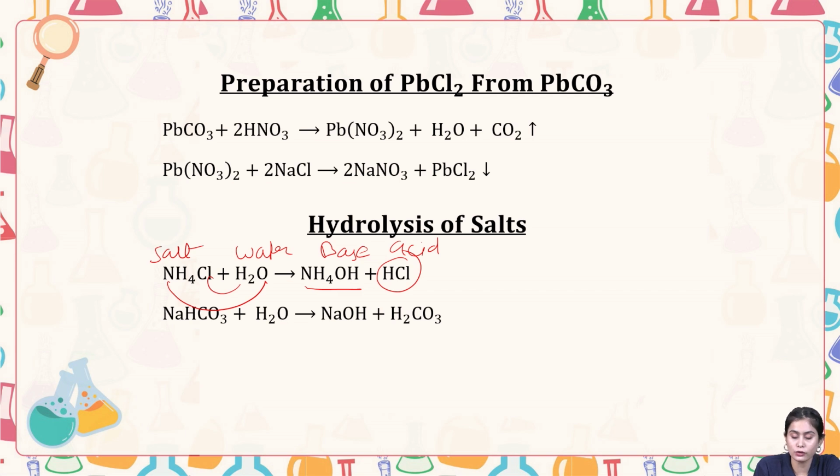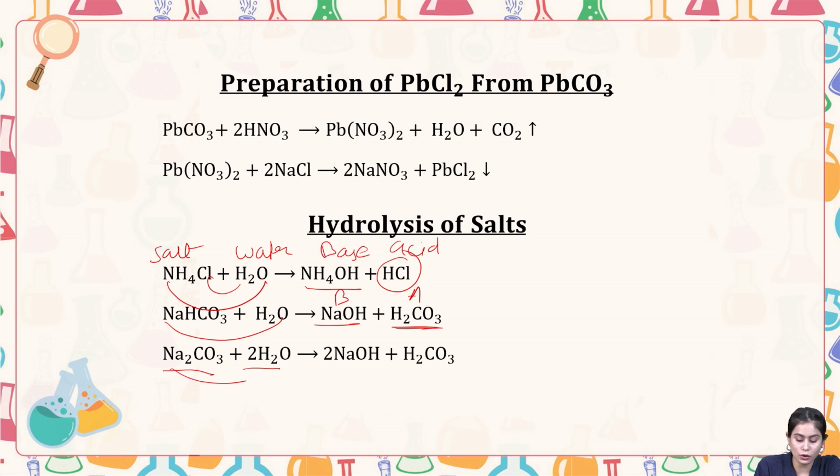This carbonate salt and then H2O. What will be formed? NaOH and your H2CO3, which is your carbonic acid, right? Another acid. So a base and an acid. Na2CO3 plus H2O will give me what? NaOH plus H2CO3, carbonic acid, correct?